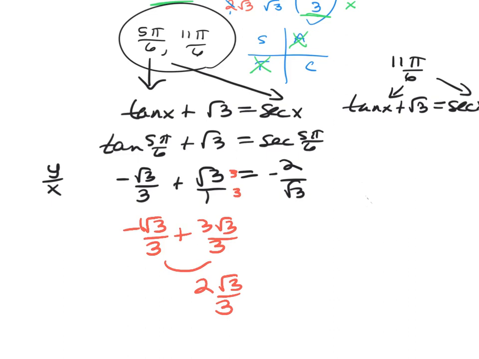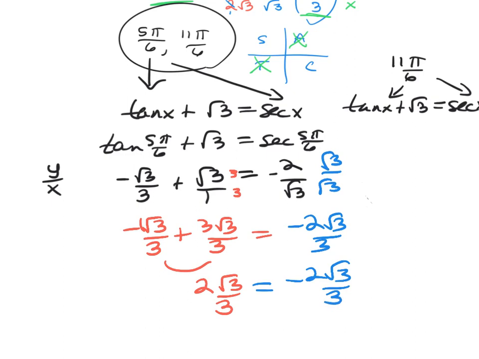Let's see. So this one does not work. Let me rationalize this side. So once I rationalize this side, I end up with negative 2 root 3 over 3. One side's negative, one side's positive. So this one doesn't work.